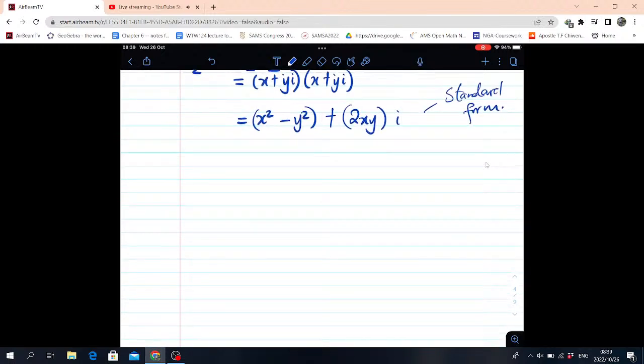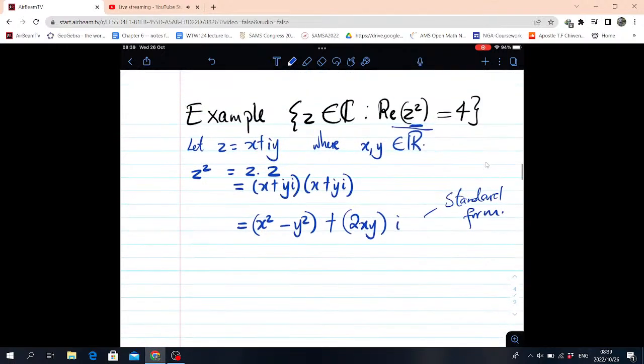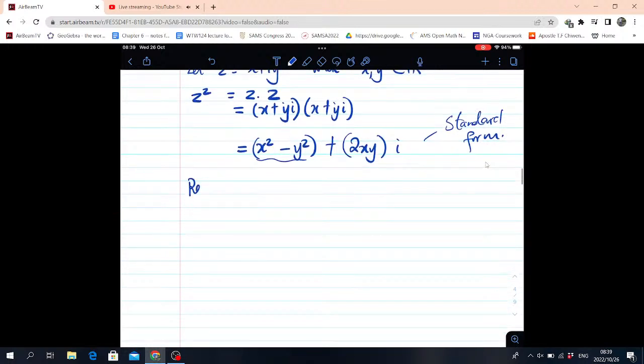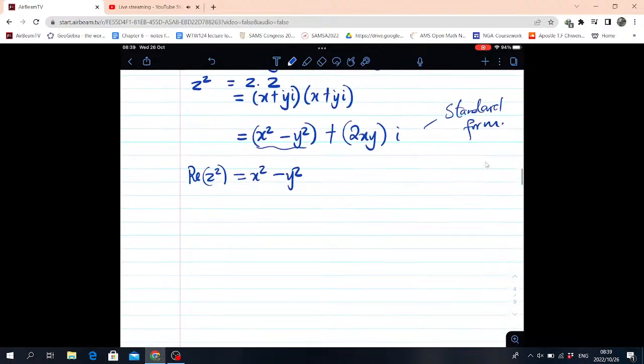Right. So what we are told is the real part of z squared is equal to 4. And in this case, our real part is x squared minus y squared. So the real part of z squared is x squared minus y squared, as we have seen. And we are saying that is equal to 4. Right.